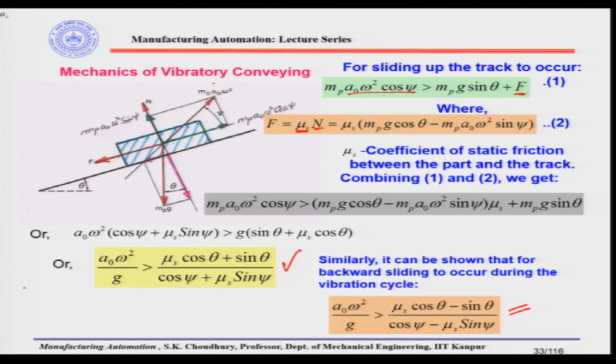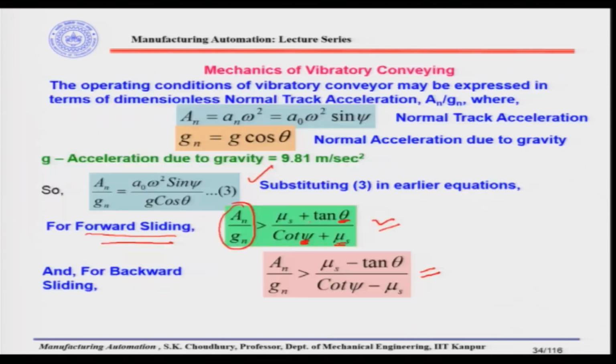So, this angle is more than the track inclination angle. Therefore, apart from mu s, the static coefficient of friction, we have the track inclination angle and the vibration angle, which are important to find out whether the normal track acceleration is proper.